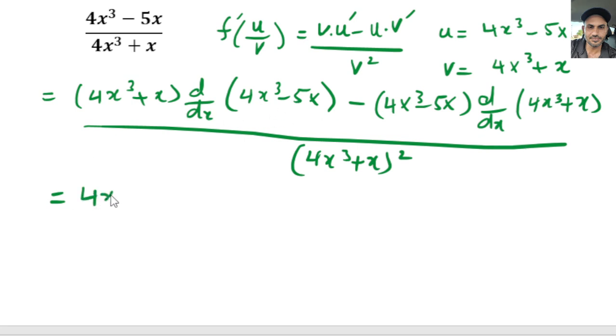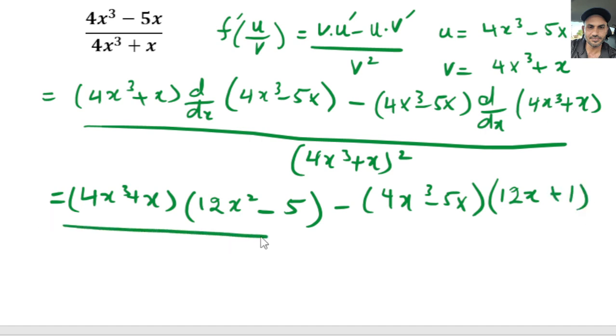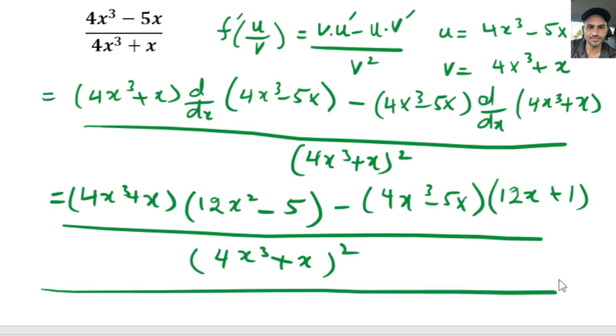So 4x cubed plus x, and the derivative of 4x cubed minus 5x is 12x squared minus 5. 4x cubed minus 5x, and the derivative of 4x cubed plus x is 12x squared for this term, and for x it is just 1, and everything divided by 4x cubed plus x quantity squared. Okay, so this is our final answer.